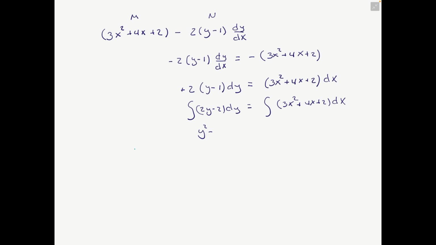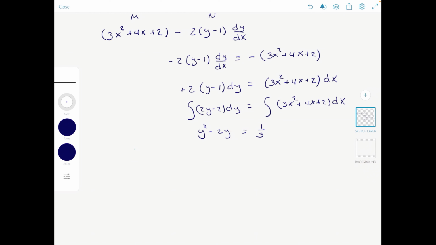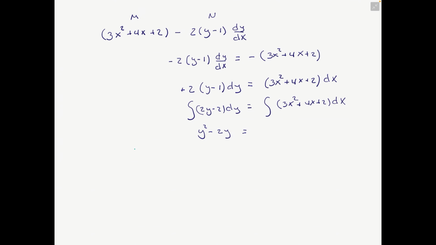And then we just integrate, and we have the integral of (2y minus 1) dy equals the integral of (3x squared plus 4x plus 2) dx.